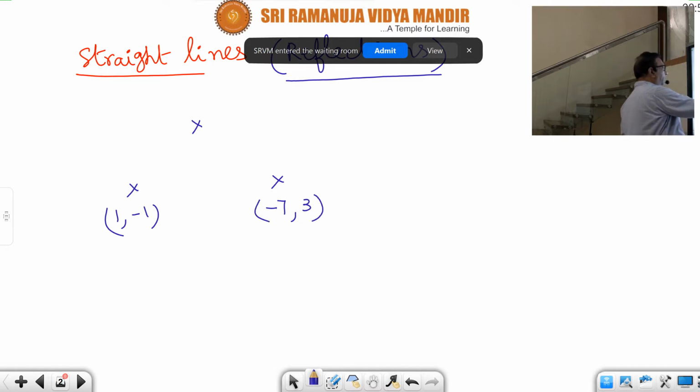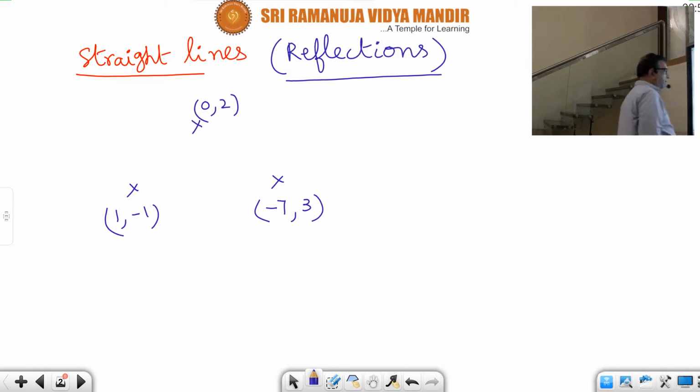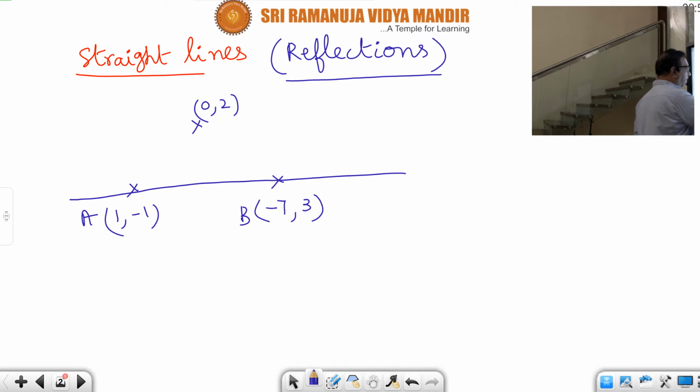And I have one more point, say 0, 2. Say this point is A, that point is B. This is the straight line AB. This is another point given, 0, 2.